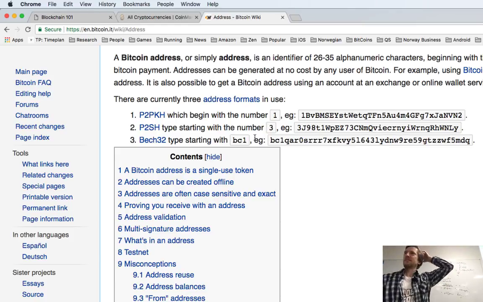Yeah? Go through all files and see if they begin with one of these three, like if they begin with 1, with 3, or BC1, then the length maybe also.